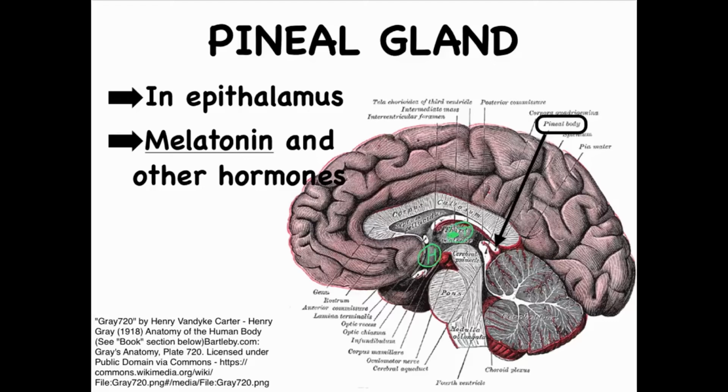And then posterior to the thalamus and also covering the thalamus, this portion right here, which is the choroid plexus, as well as this right here, is referred to as the epithalamus, with this right here being our pineal body or pineal gland.